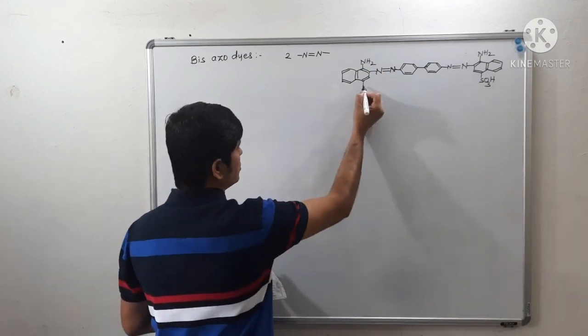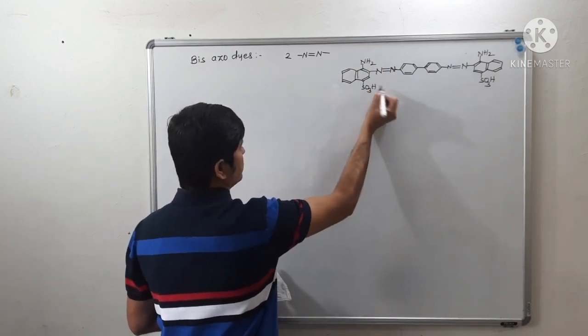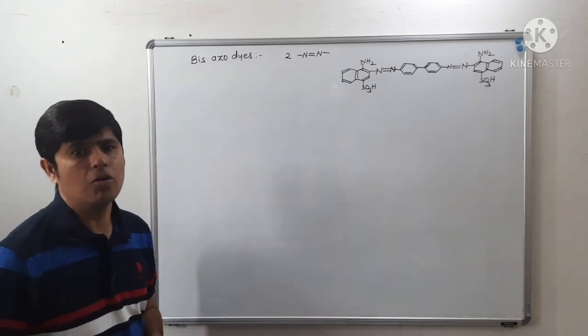NH2, SO3H. So this is the structure of Congo Red dye.